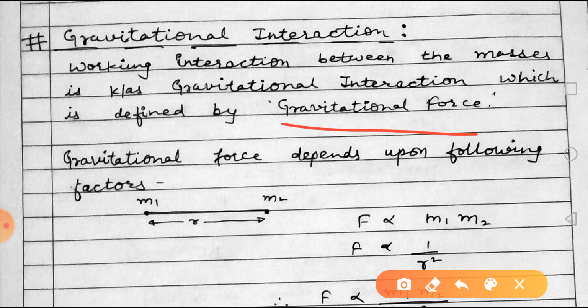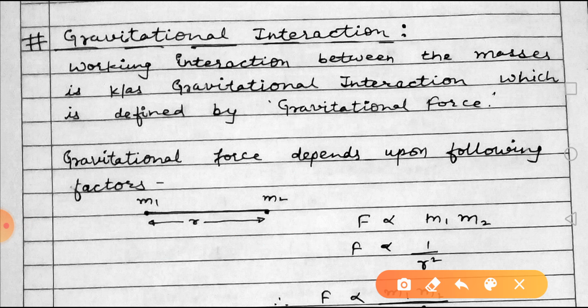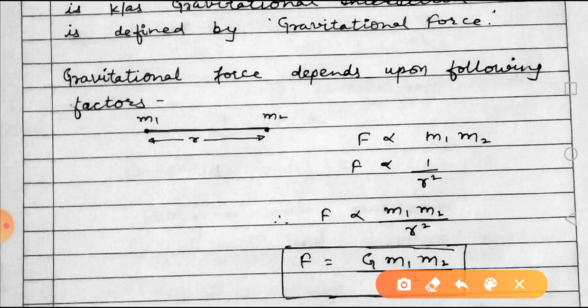To define the gravitational force, consider two masses m1 and m2, and the distance between them is r. The force between them depends on the following factors. First, the force is directly proportional to the product of the masses, and second, the force is inversely proportional to the square of the distance between them.